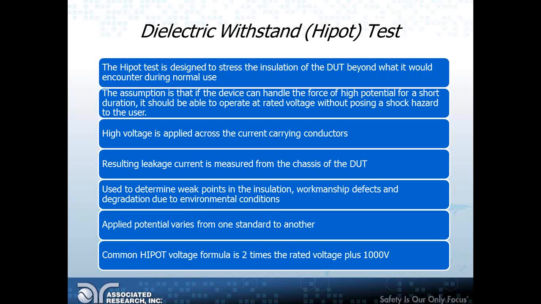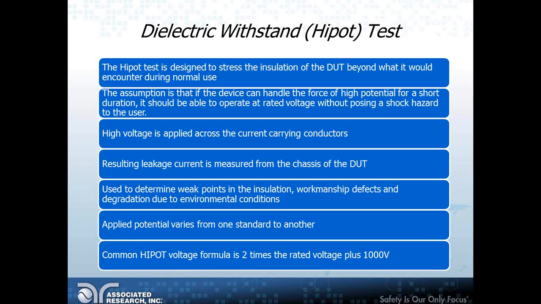The method of running Hipot tests involves applying high voltage across the current carrying conductors with a return point on a conductive chassis. The Hipot unit will measure the resulting leakage current flowing through the insulation. The potential used in the Hipot test varies from standard to standard, but a common formula for calculating Hipot voltage is to take 2 times the rated voltage of the product being tested and add 1000 volts to it.